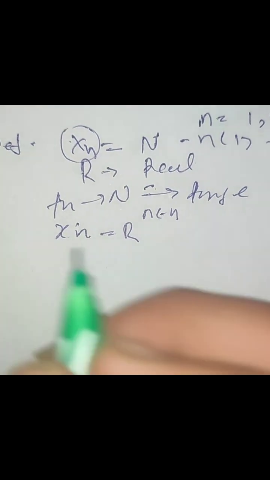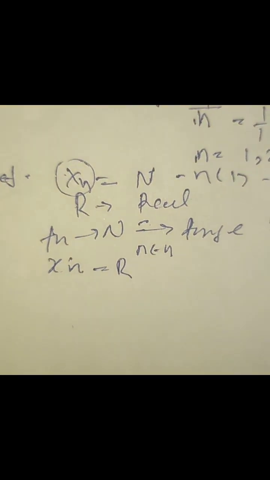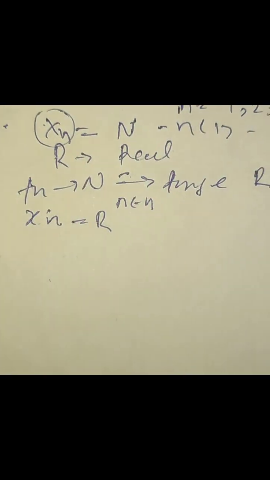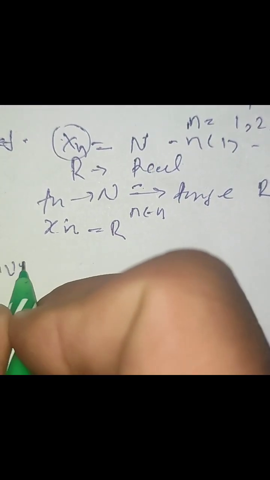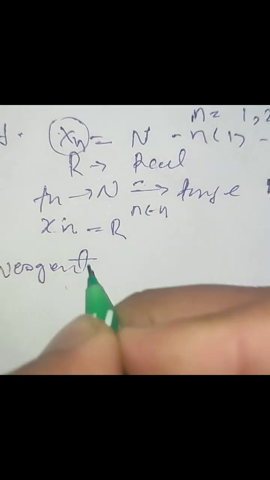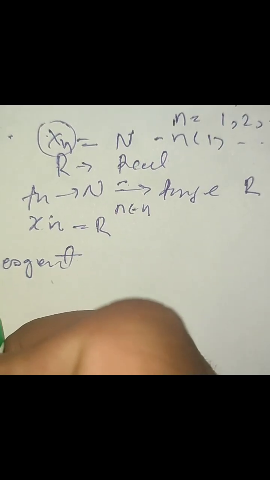Now we go to our next topic: when a sequence is said to be convergent or divergent. This is the main definition of a sequence.